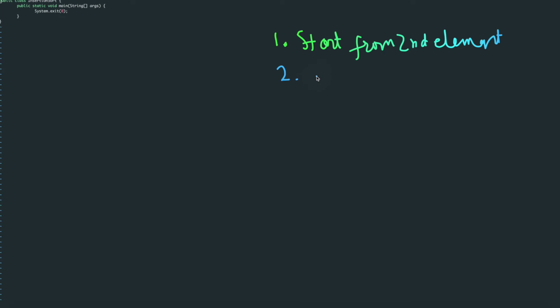The second thing we need to keep in mind is that in order to insert a new element at its correct position in the sorted portion, we scan from right to left, and every element that is greater than the new element to be inserted, we keep on moving to its immediate right index.